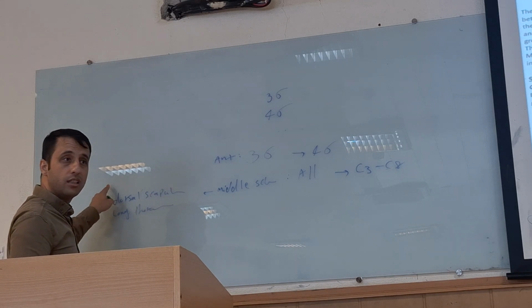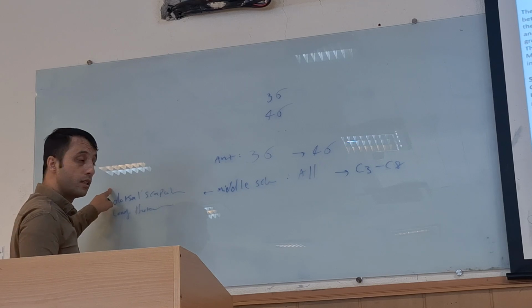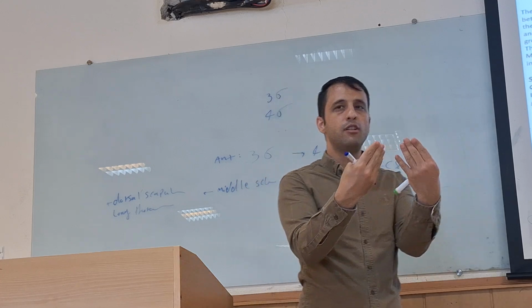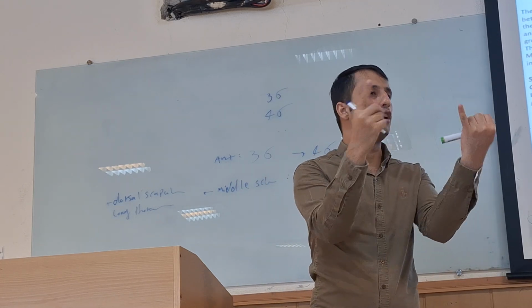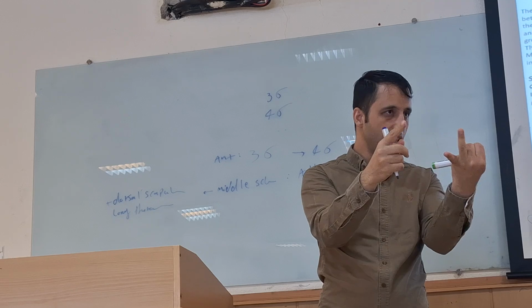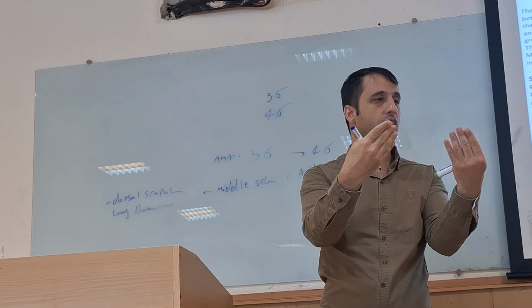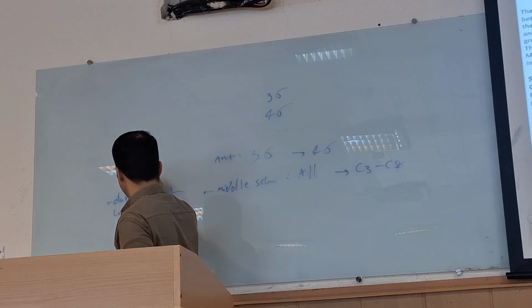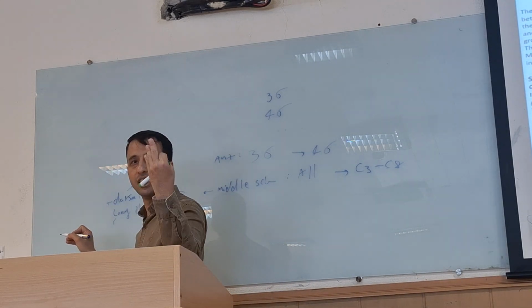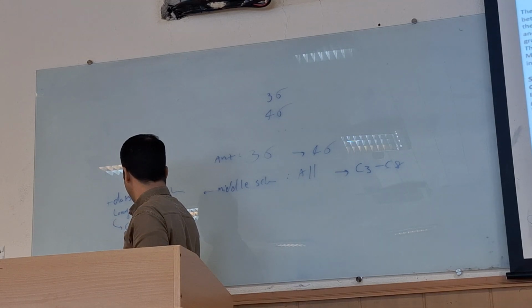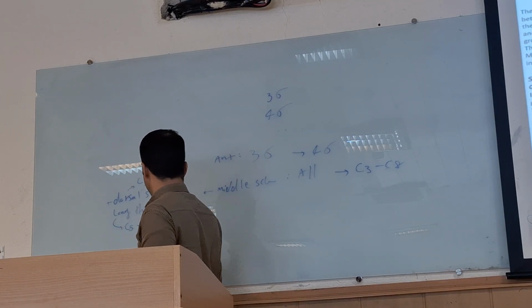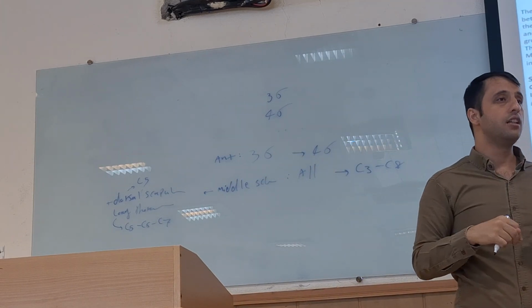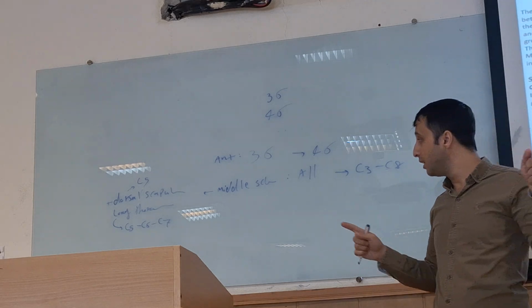Dorsal scapular is from C5. Long thoracic is from C5, C6, and C7. These two nerves pierce the middle scalenus muscle.